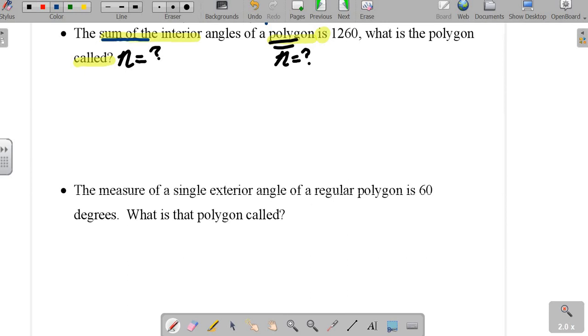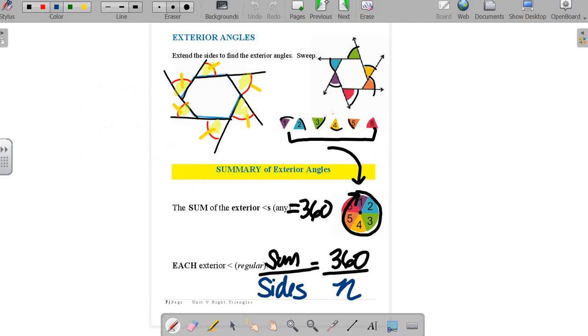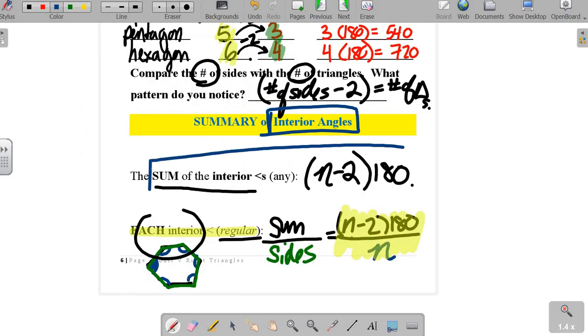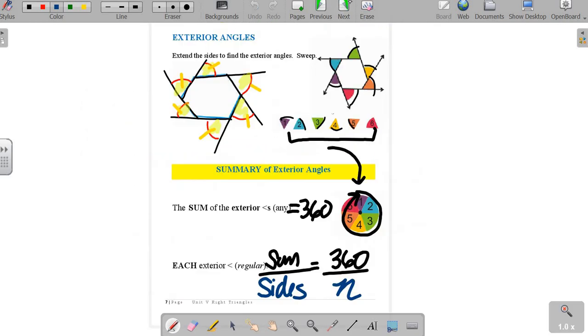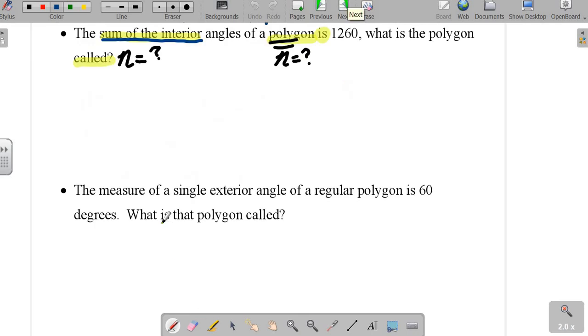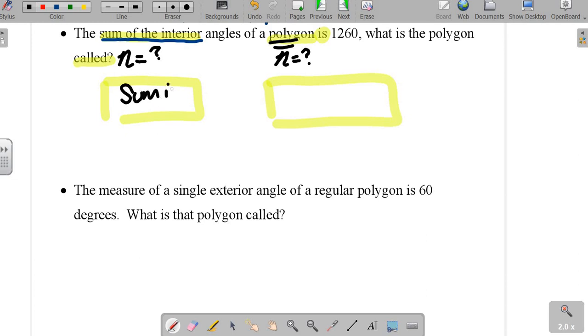Let's look at our keywords. The sum of the interior angles. So we are working with the sum of the interior angles, this equation right here. And equations have two sides with an equal sign. So we write it like this. The sum of the interior angles is sides minus 2 times 180.